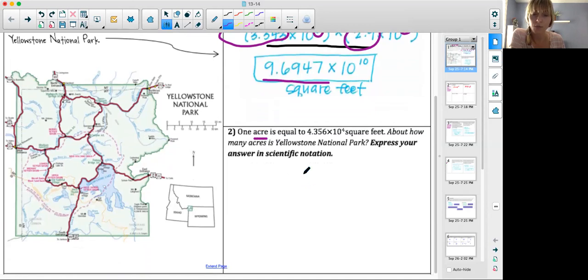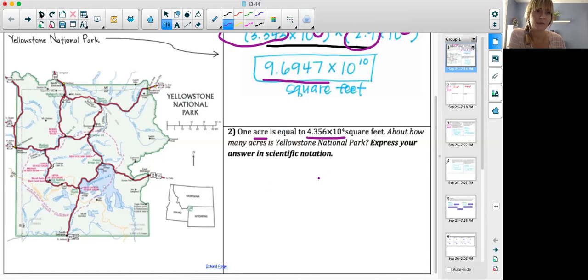So question number 2 says 1 acre is equal to 4.356 times 10 to the 4th square feet. They want me to combine my answer with problem number 1 and this new information in problem number 2 and figure out, okay, if Yellowstone is this many square feet, how many acres is it?